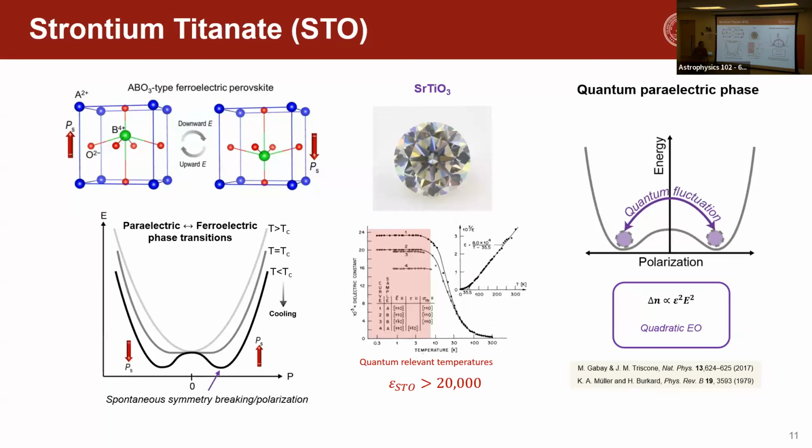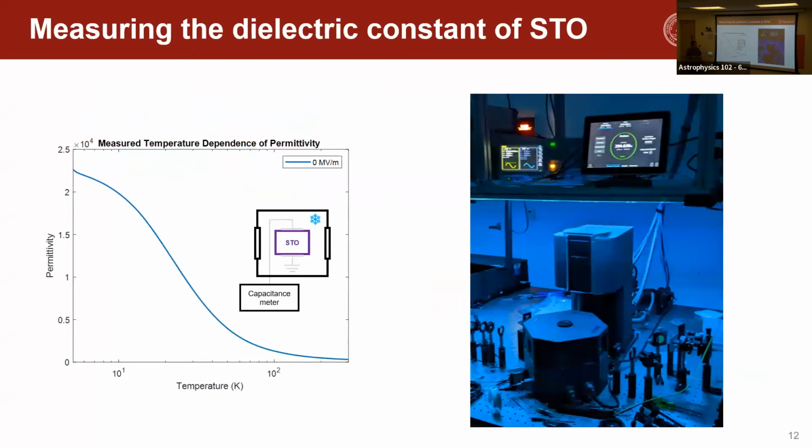So given that we thought we found a promising material, our first measurements were to test that the material system we were using is consistent with what we expect in terms of having a large dielectric constant. We built a nice Montana cryostat setup to investigate exactly that, and started doing measurements on samples of strontium titanate that have fabricated gates on the top and the bottom, in this field effect, capacitor format.